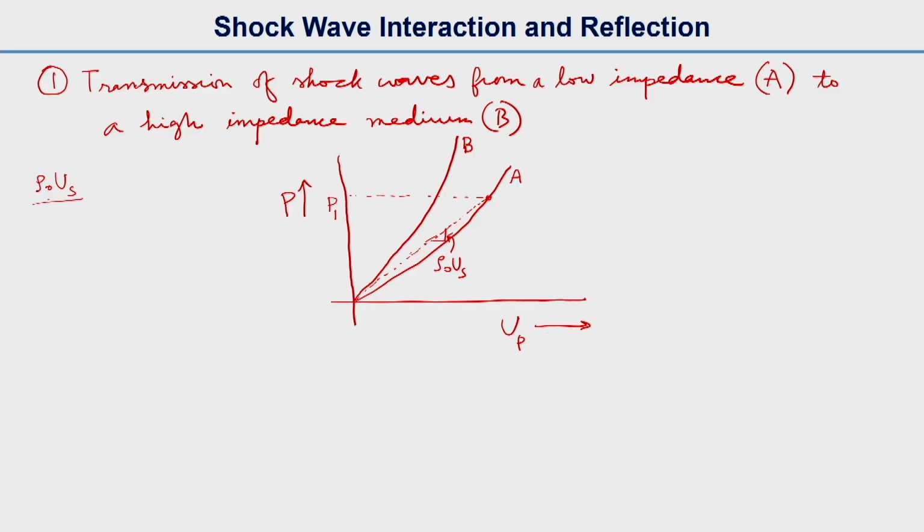That means the variation of pressure and particle velocity will be a kind of mirror image of what we got for the curve A. So we will draw the curve like this, although it's not perfect. I hope you can understand this.